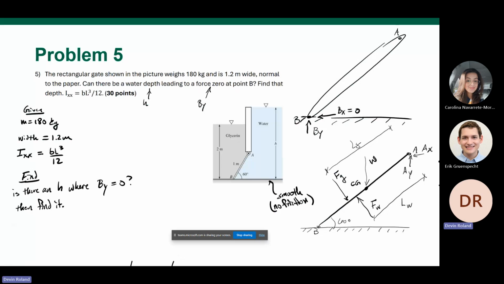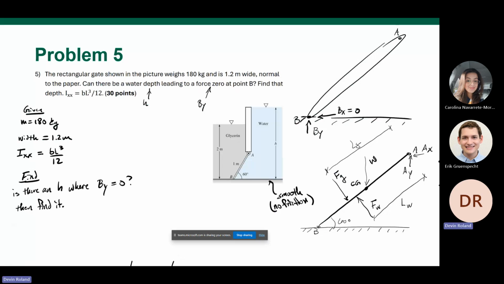Okay, so what we're going to do is compute these forces and their lines of action.